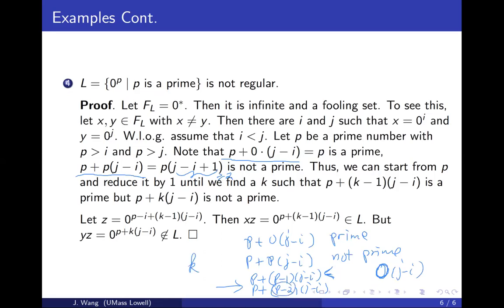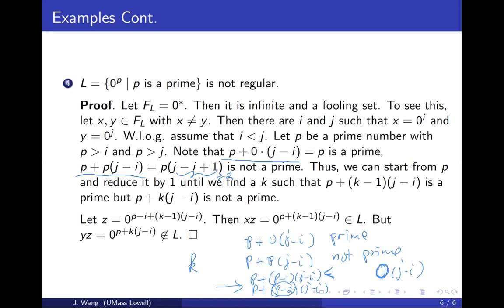Whatever the p minus something is, the previous one, p plus k plus 1 times j minus i, is not a prime. So then we're going to form a witness z, distinguishing, which is equal to 0 to the p minus i plus k minus 1 times j minus i.